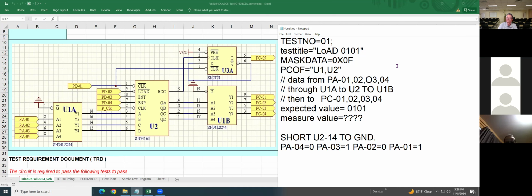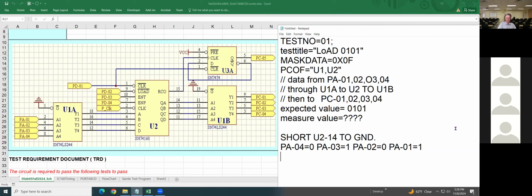That's number 5. And then you said that on your U2, you grounded pin 14. Exactly. So whatever you ground is going to come out to be 0. Then the question is, when you run the test, is it a pass or fail? It will fail. Yeah, I would say it would fail.